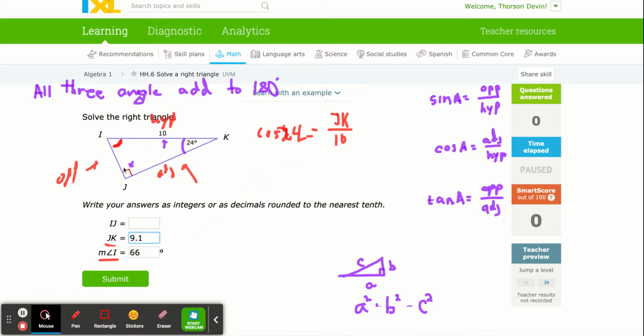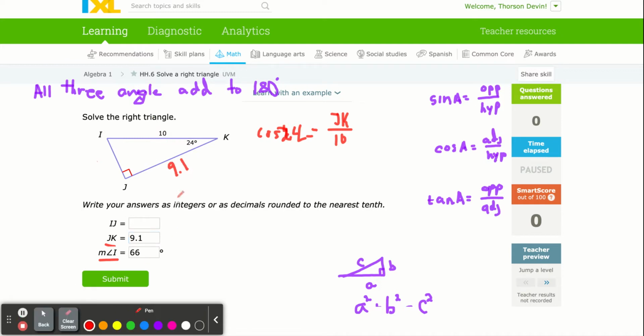Now I can find the opposite side one of two ways. I can use Pythagorean's theorem, since I know these two sides. I'm going to erase some of this so we don't get confused. So I erased a little bit, so I know this is 9.1, this is 10. I can use Pythagorean's theorem, or I could do another trig function.